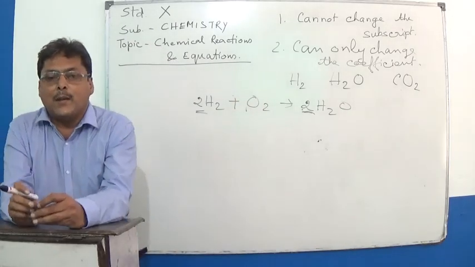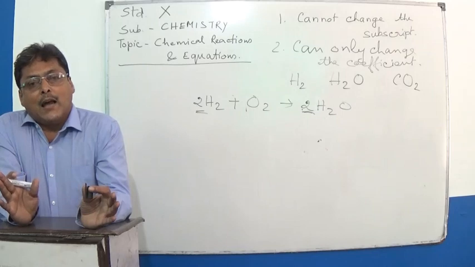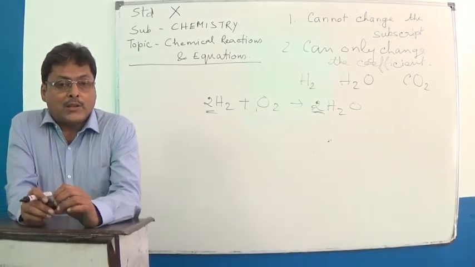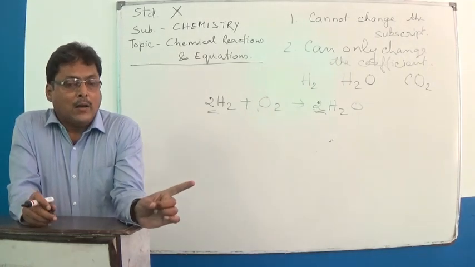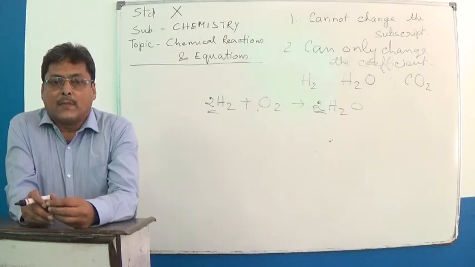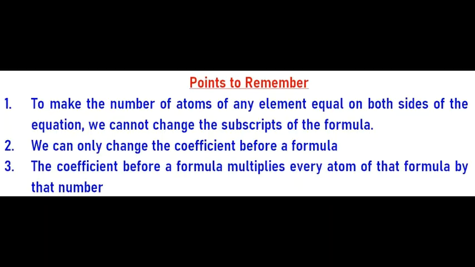These coefficients can be changed to balance the equation. Let us look at some more equations first, and then one by one we remember these two rules, right? I have already mentioned it specially, but these are very important points, so please also write it down.